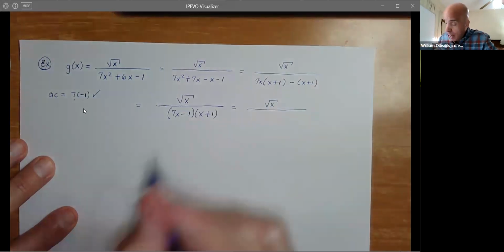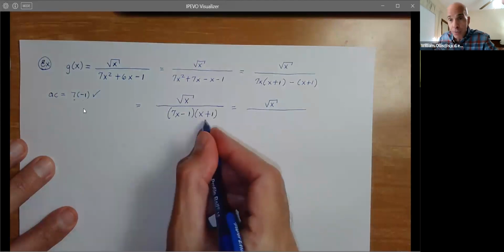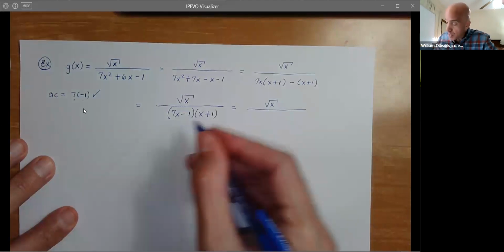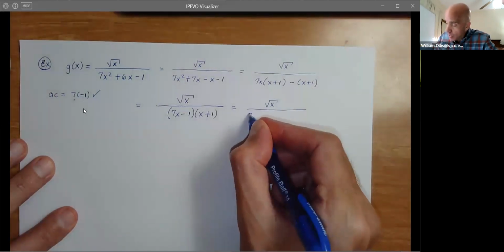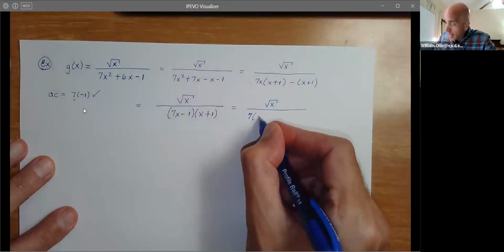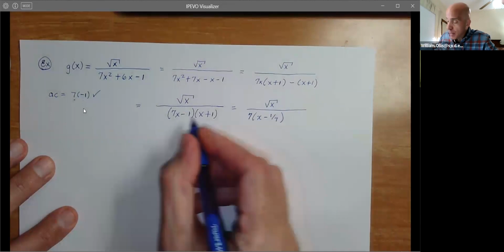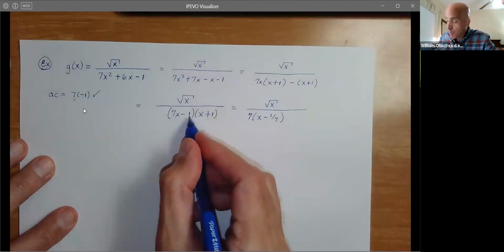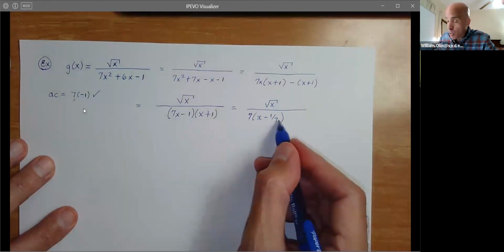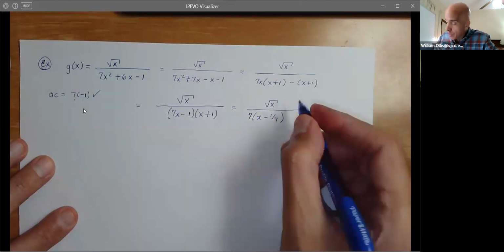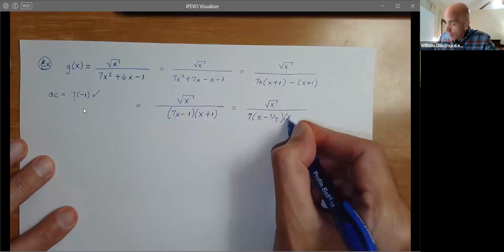Now, of course, these are a product of two factors. So here I'm going to factor the 7, just like we did the very first week. So I get an x, and then I have to pay for it, right? If I factor the 7 from both of these terms, then I have to divide this by 7. So when I multiply through by the distributive law, I get the -1. And then, of course, the x plus 1 is fine.